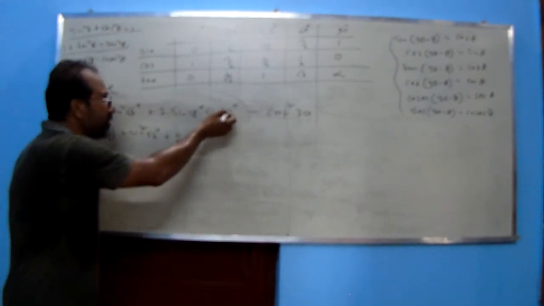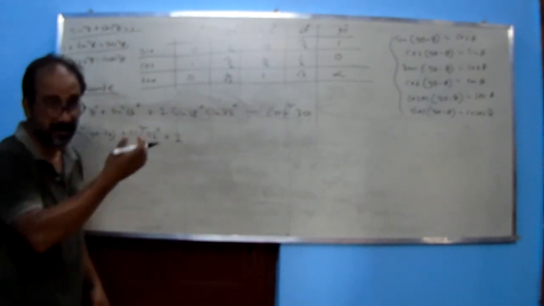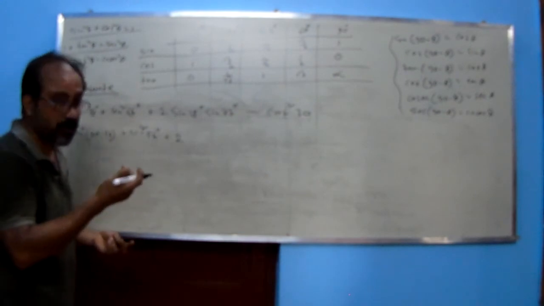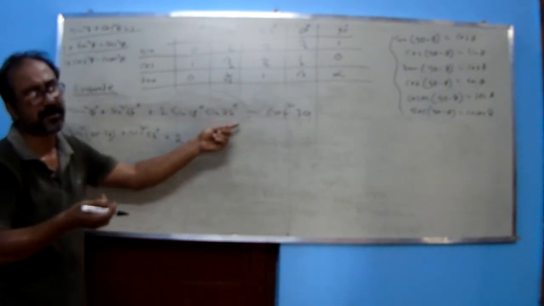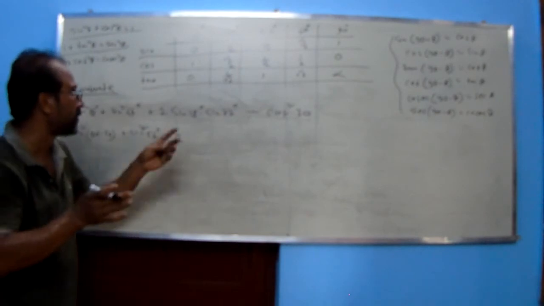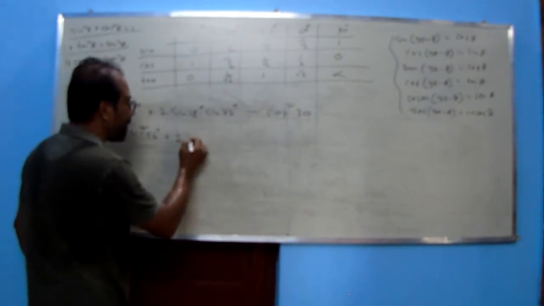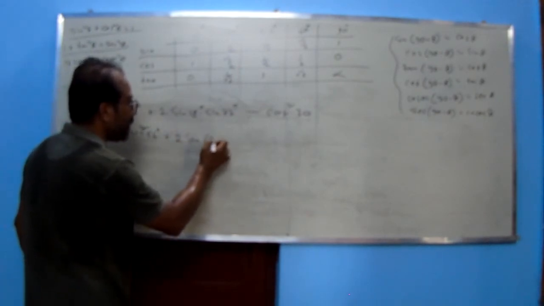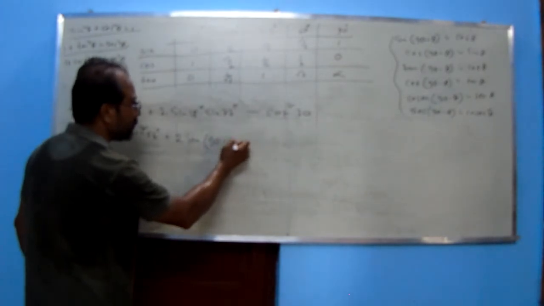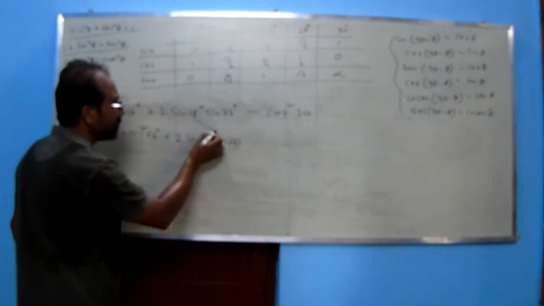You add 72 and 18, it is coming as 90. So either 18 or 72, one has to be changed to the other. So 18, I am writing as sine 90 minus 72.